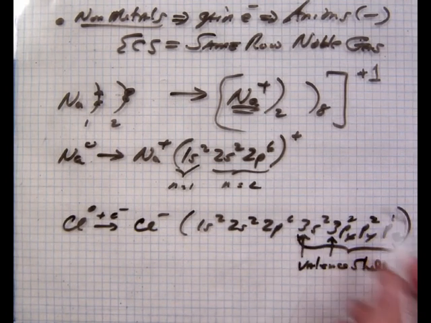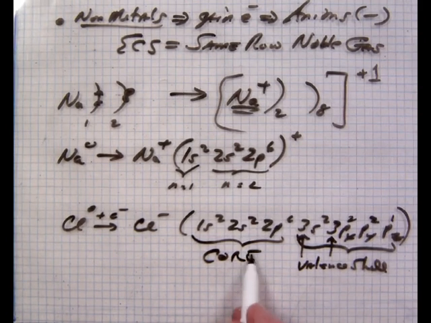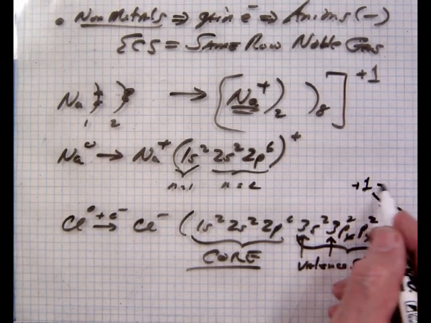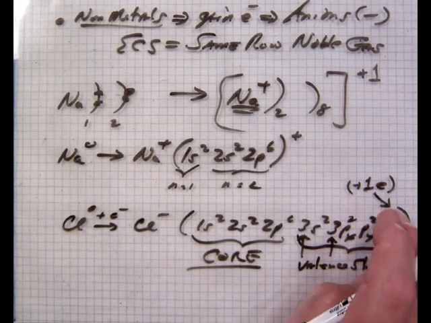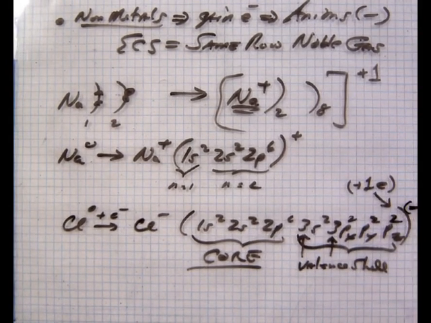So it gains electrons. This core structure is not going to do anything. So in the valence shell, you can add +1 electron right there. To get that negative, we would change that from a 1 to a 2 and put a negative in parentheses up there. So that's the electron configuration for an anion.